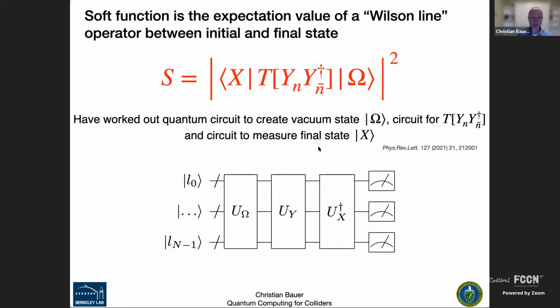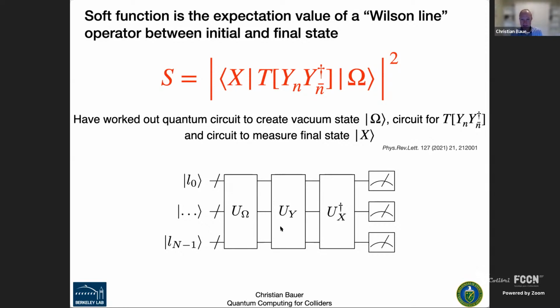So that means now that to compute this object here, I need to do the following. I start on some qubits. I need some circuit that creates the vacuum of my quantum field theory. That is actually not a trivial problem, but there are various ways to do this, and we have some papers on this as well. So I have not told you how to do this, but just believe me that this is possible, again, with logarithmic resources.